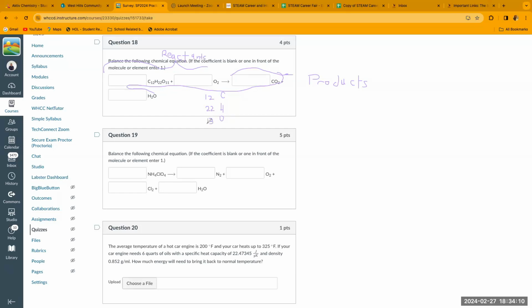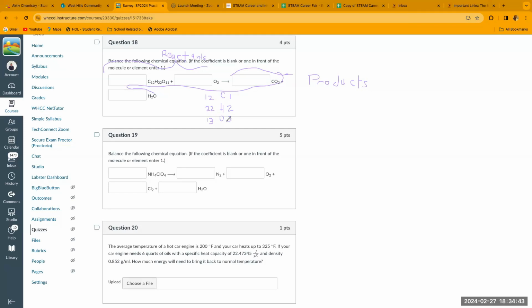So you guys see the 11 here, and then you have two more over here. What about on our product side? How many carbons do we have on our product side? Is it 1? That's right. How many hydrogens do we have on our product side? Is it 2? That's right. It's two. And then how many oxygens do we have on our product side? 3?